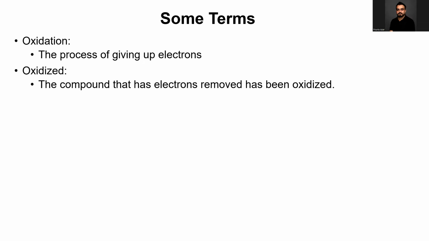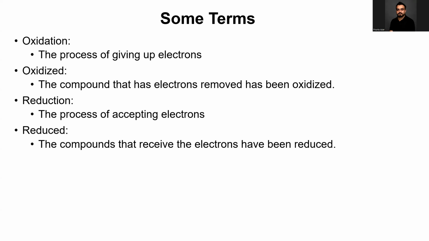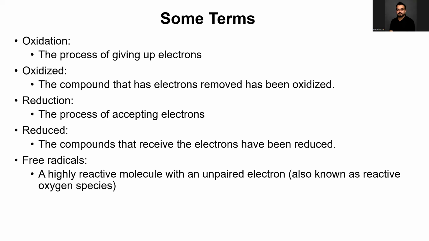And when we say oxidized, it's the compound that has been oxidized, or the oxidation happens or occurs to that compound. And we have reduction on the other hand. Again, this is also the name of the process, but this is the process of accepting electrons, not giving up electrons. And reduced is the compounds that receive the electrons have been reduced.